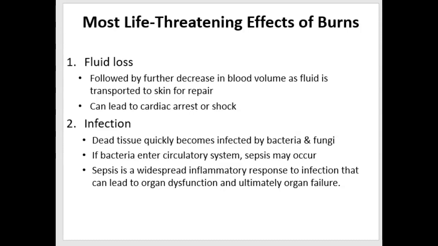The second most life-threatening effect of a burn is infection, and that's, as I've already mentioned, the fact that the dead tissue quickly becomes infected by bacteria and fungi, and if either of those enter the circulatory system, then you can get a body-wide infection.